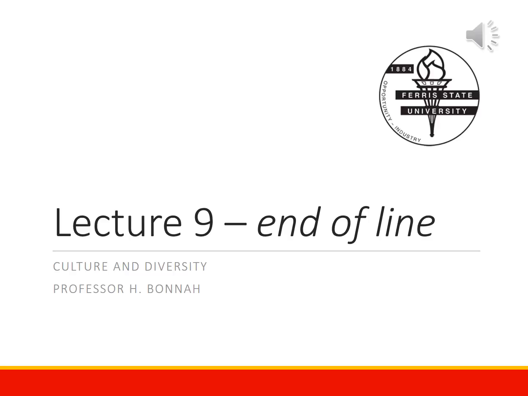Well, it's happened again. You've reached the end of another lecture, Lecture 9, Culture and Diversity. And now here is our Lecture 9 Call to Action. There are three phases of success for a diverse team: awareness, understanding, and action. We all have implicit biases, even at times to the detriment of our own group.